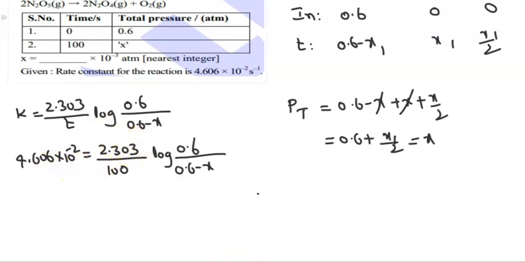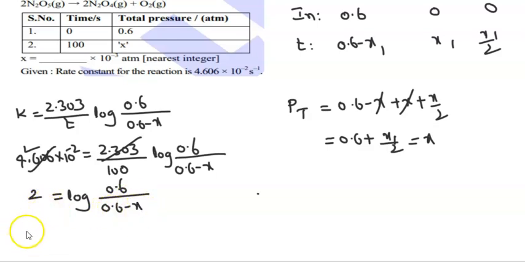So 2.303 will be cancelled, 2 times 10 to the power of minus 2 both will be cancelled. 2 is equal to log 0.6 by 0.6 minus x. 2 can be taken as log 100, then 100 is equal to 0.6 by 0.6 minus x.